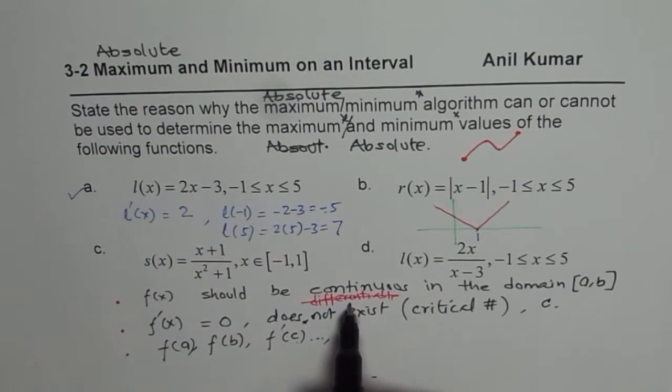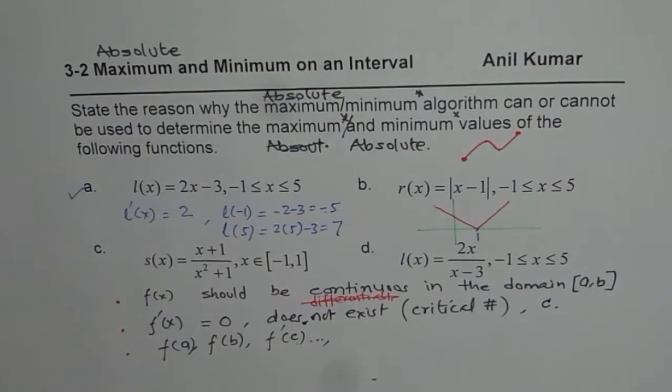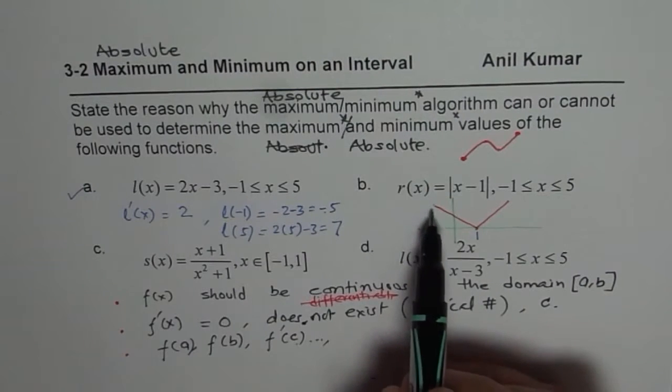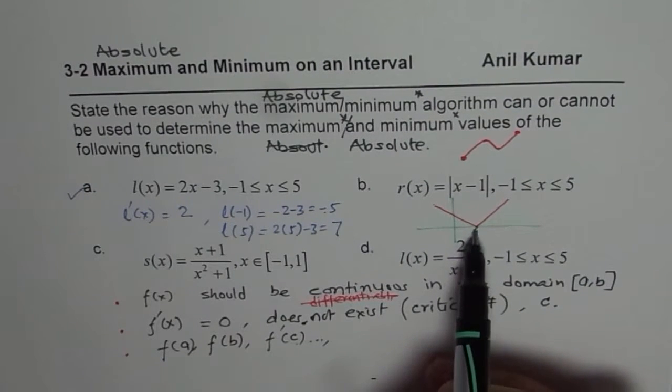So this definition where we say differentiable is not quite right, okay? That works only for polynomials, but not for functions in general. Here it is not differentiable, but we have a minimum at 1, and that's the absolute minimum, right?